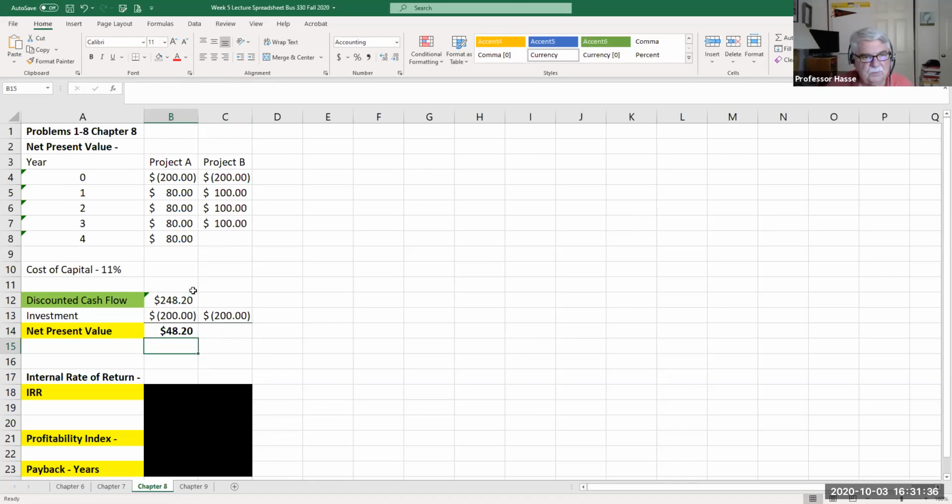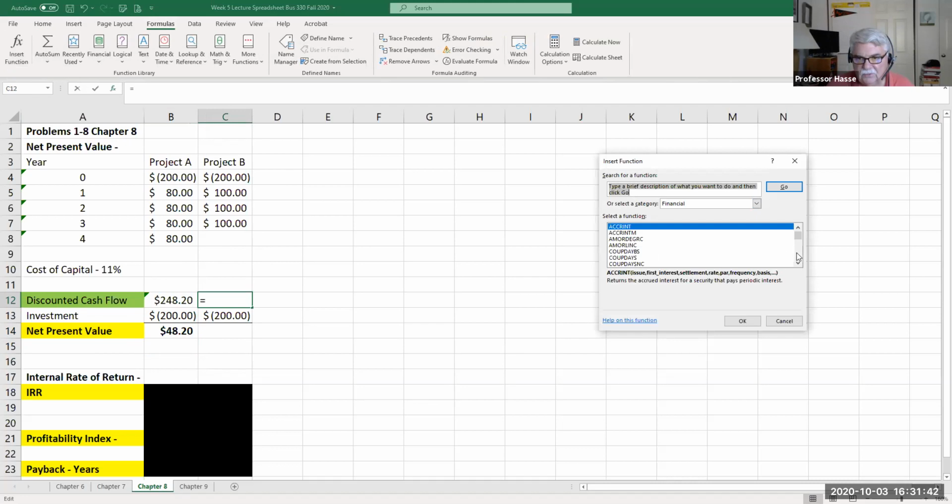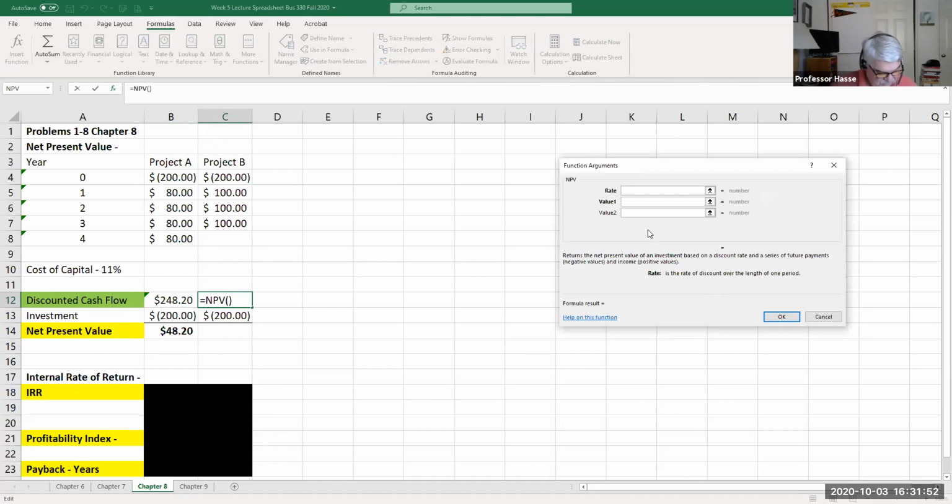So let's do it for Project B. Again, formula, function, financial, net present value. This net present value is nice because you can lob all years into one calculation. Again, the rate is 11%. And then the values here are $100 over 3 years. There it is right there, C5 to C7.